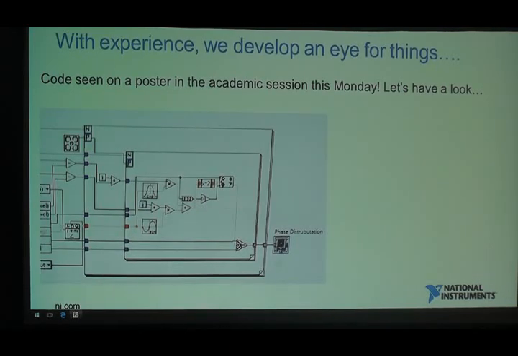So now one little quiz. On Monday, I was in the academic forum up there, and there was a poster, and I took a picture with my camera. After a while, you develop an eye for these things. Let's see what's wrong with this code. He takes the number of virtual CPUs here and parallelizes the outer loop.